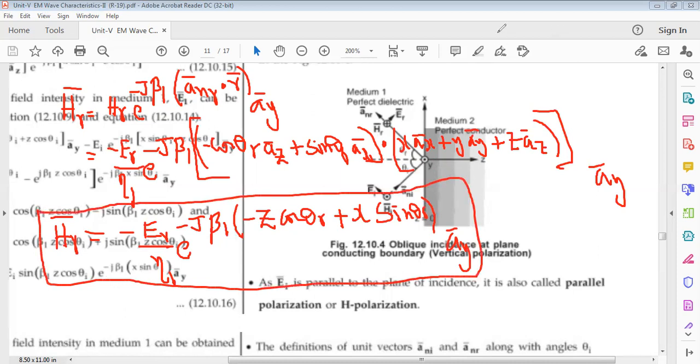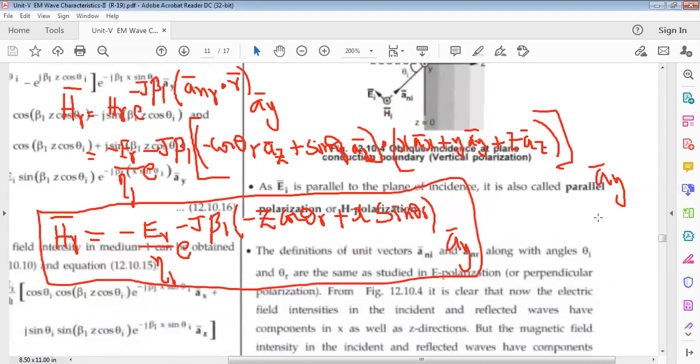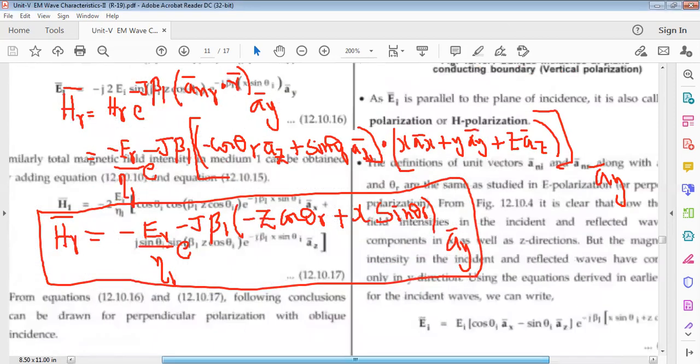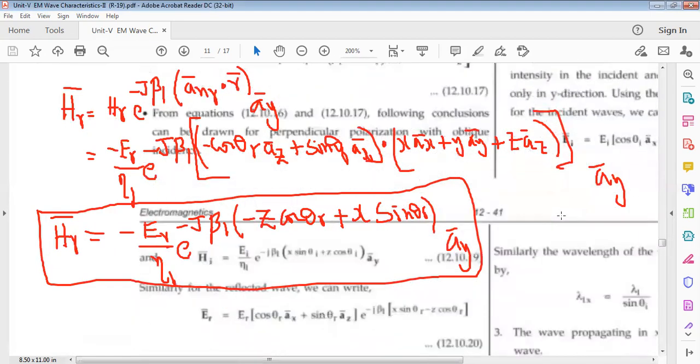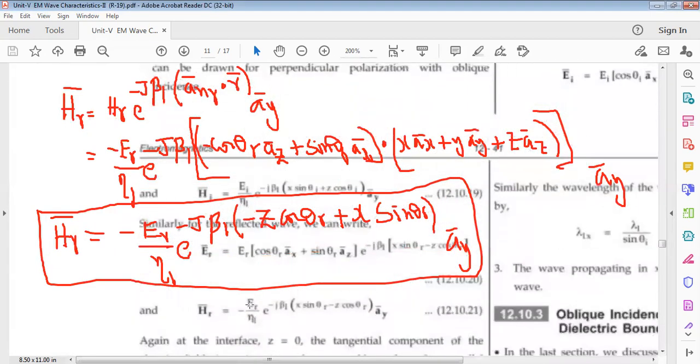Now let us see whether we are getting the same expression or not. H_r bar is equal to minus E_r by eta 1 e power minus j beta 1 x sin theta r minus z cos theta r into a_y bar, the same coefficient.